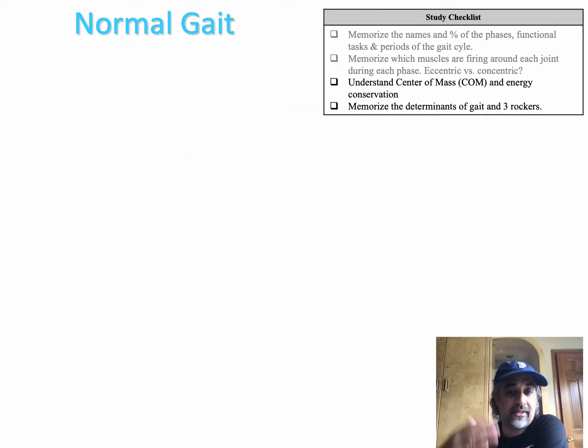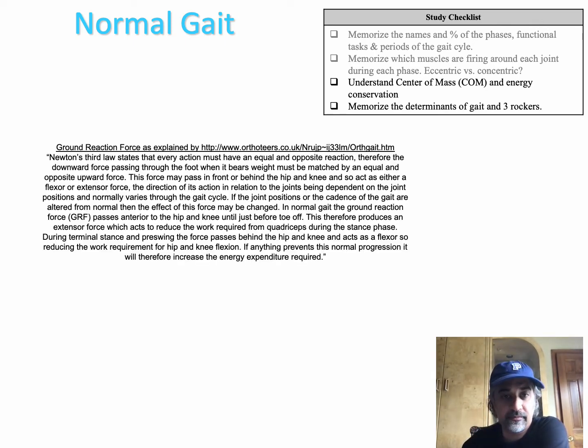So on this slide, we continue our discussion of normal gait with understanding the center of mass, energy conservation, and ground reaction force. So basically the center of mass is the location in a three-dimensional object where if you suspend from that spot, there will be no rotational forces or rotational moments. So in a human being, that location is right in front of the sacral promontory, which is about S2.